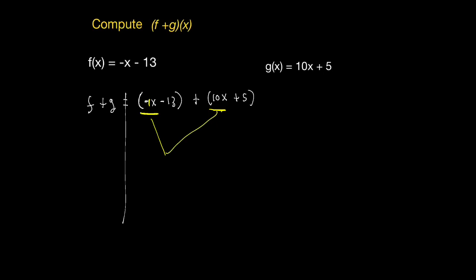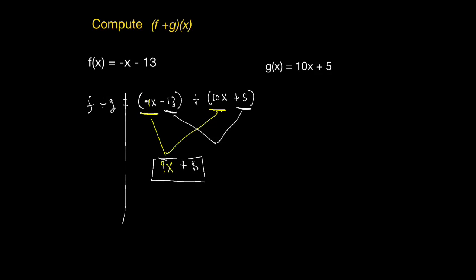So negative 1 plus 10 is 9x. And now here we have negative 13, and we have to combine it with a positive 5. So negative 13 plus 5 is going to give us negative 8. So f plus g is going to give us 9x minus 8.